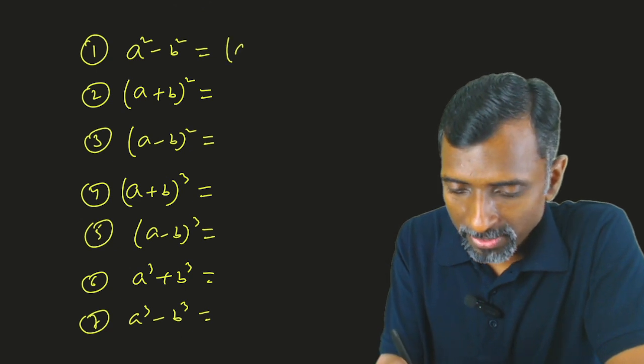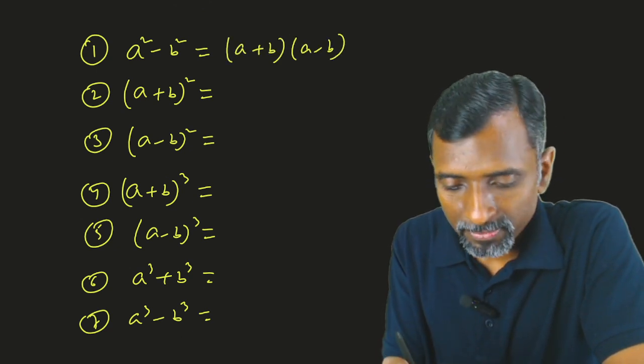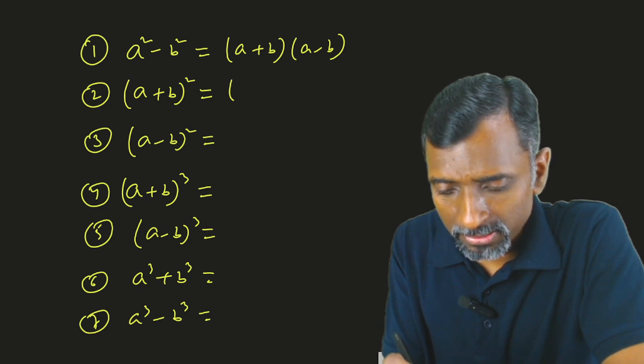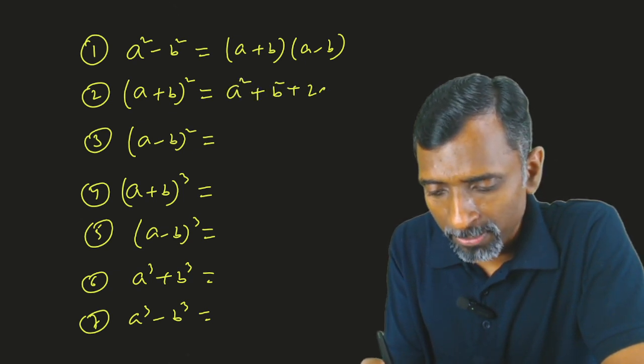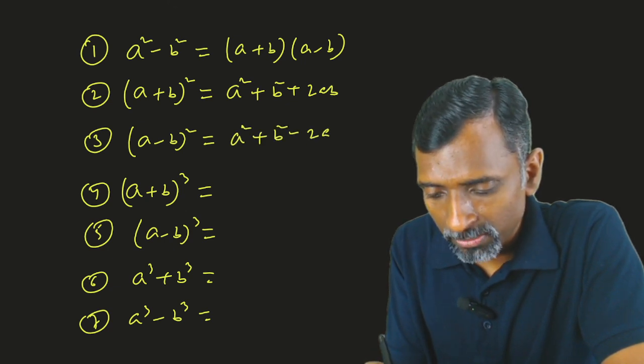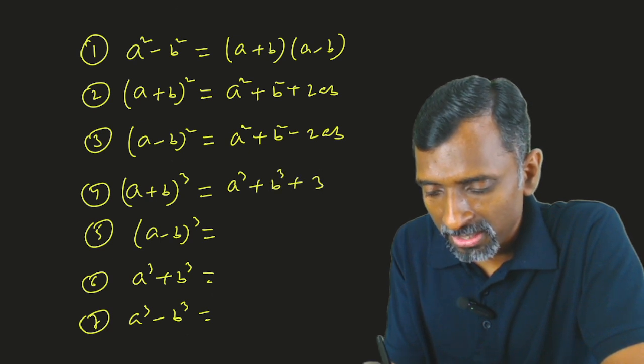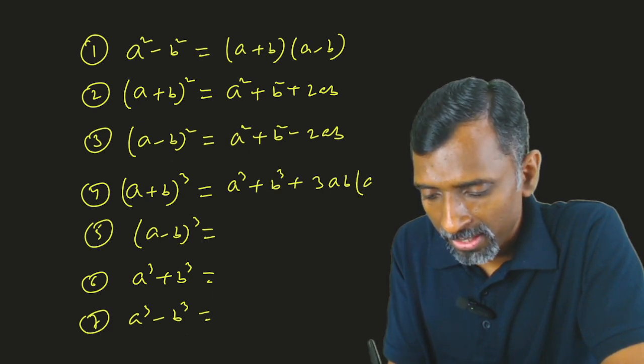So a square minus b square can be written as a plus b multiply a minus b. It can also be written as a square plus b square plus 2ab, and a square plus b square minus 2ab. It can be written as a cube plus b cube plus 3ab multiply a plus b.